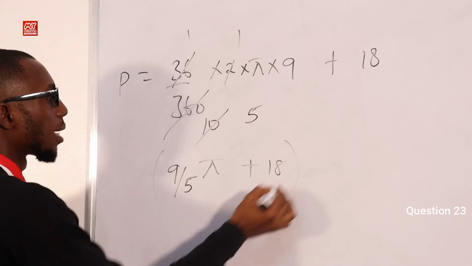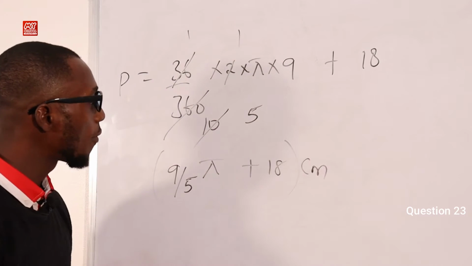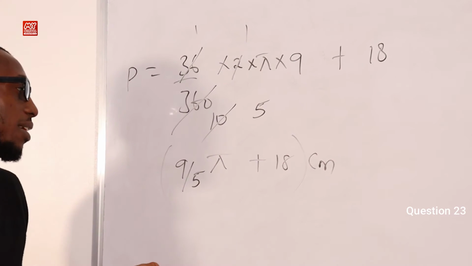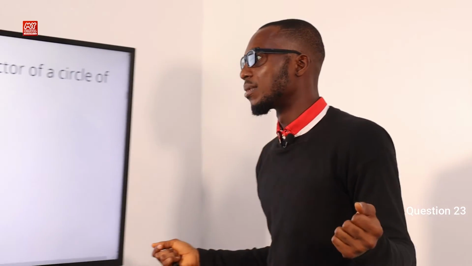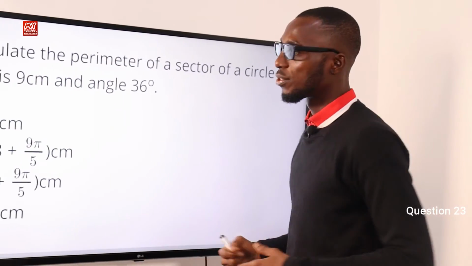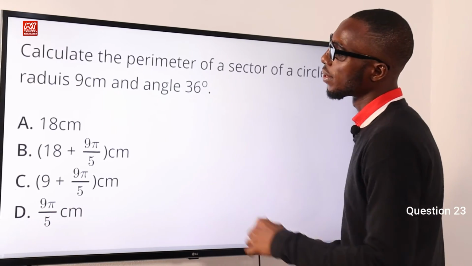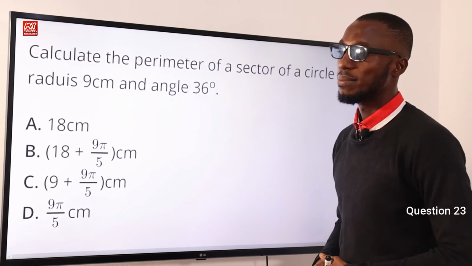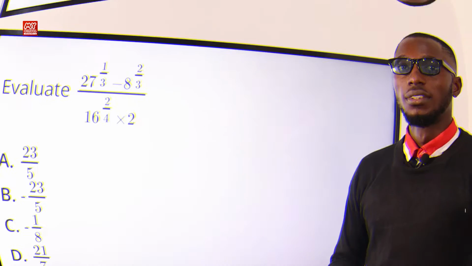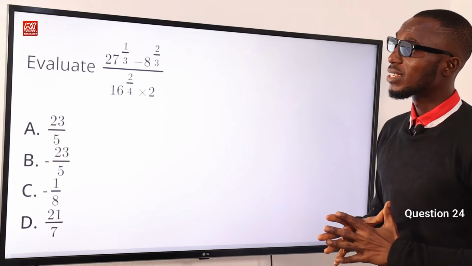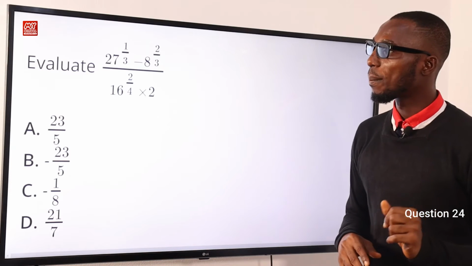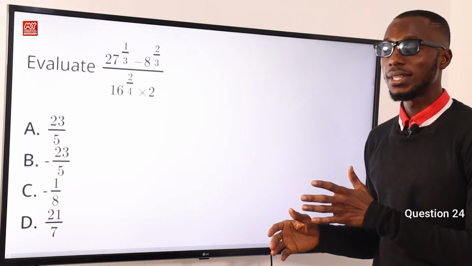So that is the perimeter of this sector. 9 over 5 pi plus 18, or 18 plus 9 over 5 pi. Whichever one works for us. So, look through all of the options. You will see option B, 18 plus 9 pi over 5 centimeter. Very correct.